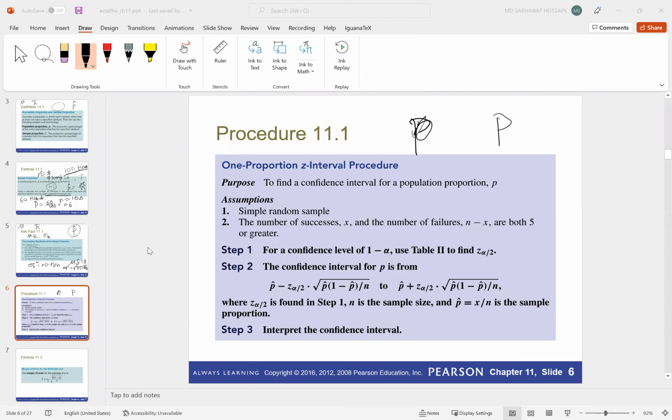We had the same assumption for the one mean Z interval, right? The second one is the number of successes.